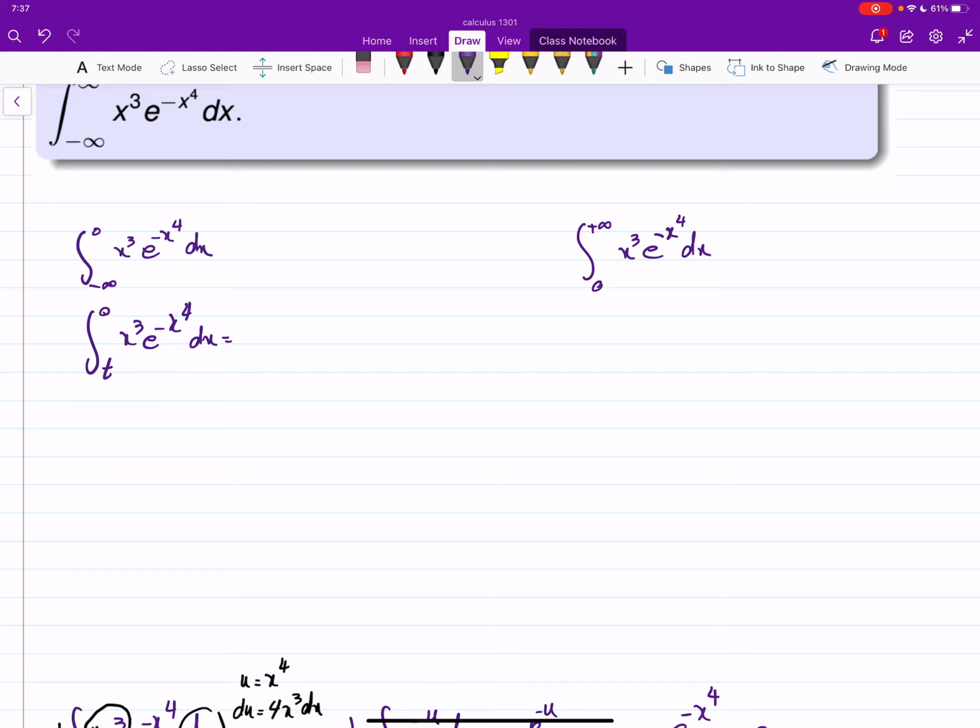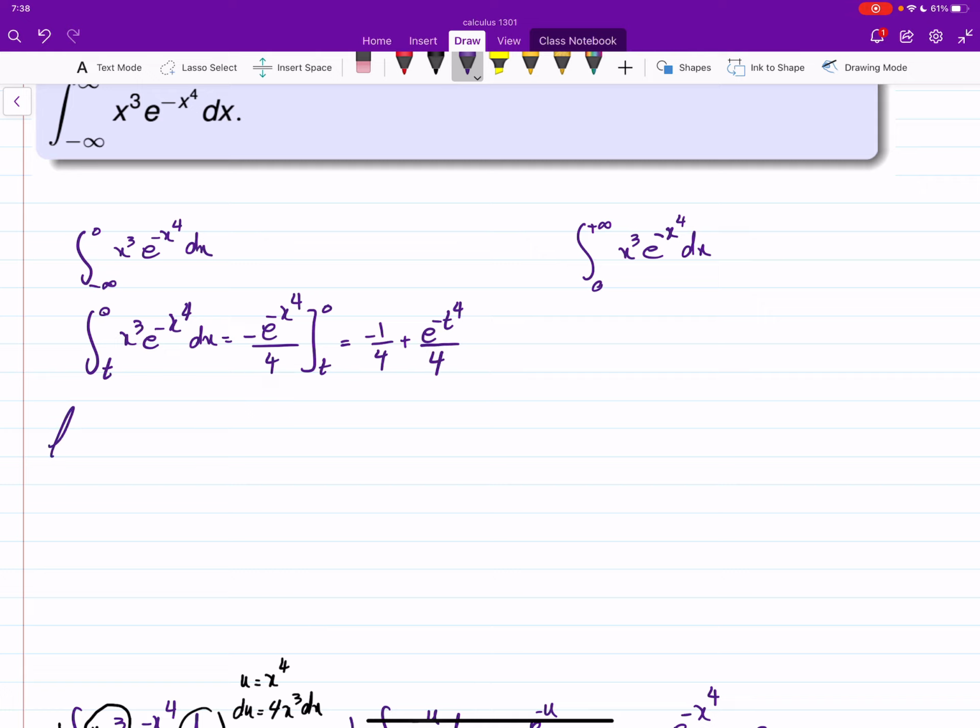Then evaluate it. And then when you plug in everything there, this will be negative 1 over 4 plus e to the power 0 is 1, yes? So this is e to the power negative t to the power 4 over 4.